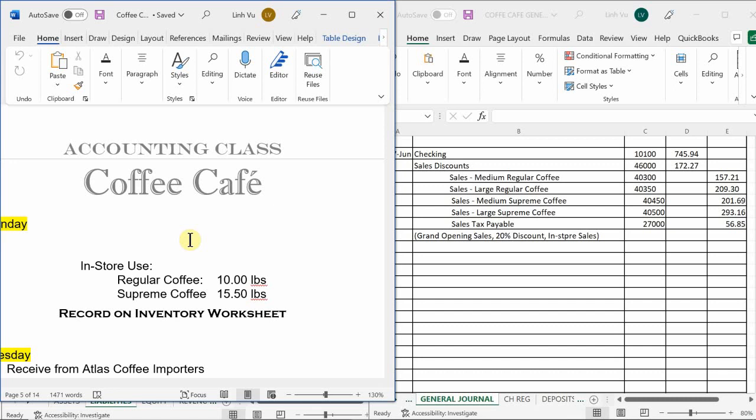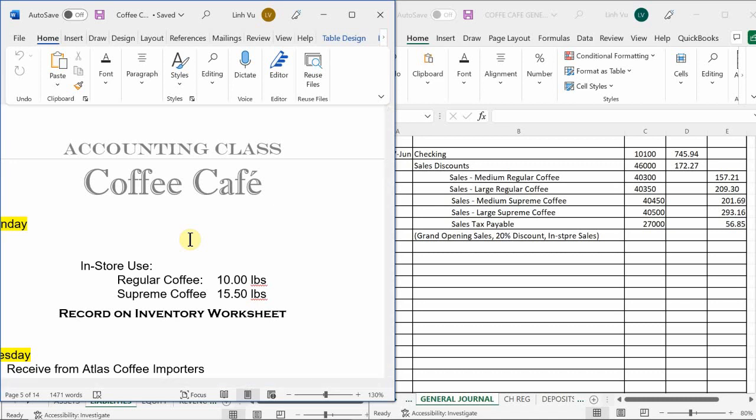I can't remember the exact number, but it's already been pre-calculated, something you don't need to know. But in this case, this is what your Barista told you. Okay? That I used 10 pounds of the regular coffee and I used 15 and a half pounds of the Supreme coffee to brew the coffees in store.